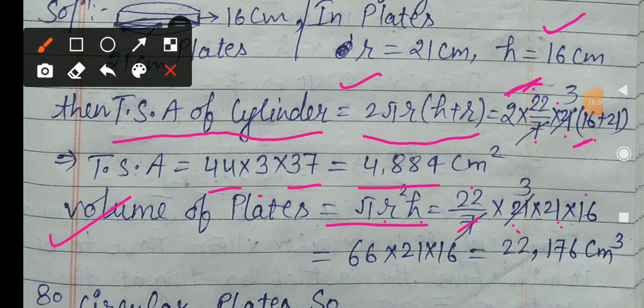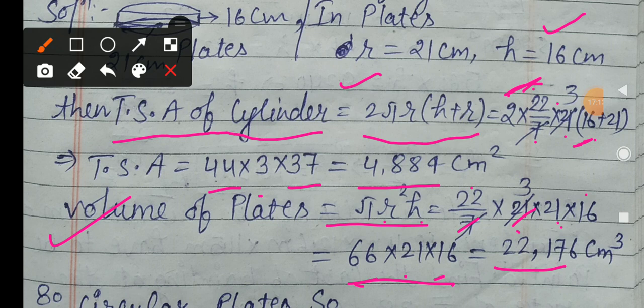Then you cut 7 by 21, that value is 3. So 22 into 3 is 66, into 21 into 16. Multiply all these values and we get 22,176 centimeter cube, because volume is in cubic units.